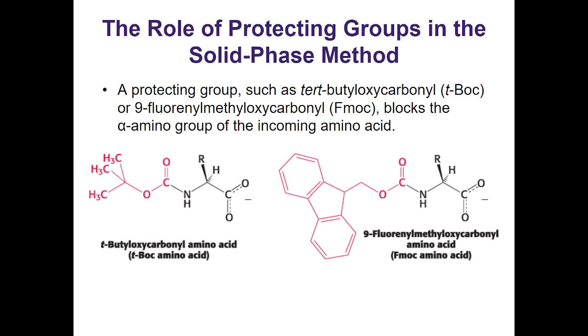The role of protecting groups in the solid phase method: this is one of the protecting groups you're going to be seeing here. So here we have a TBOC amino acid, and we have an FMOC amino acid. These protecting groups, right here, this is one. See how it's bulky and protecting that end chain?